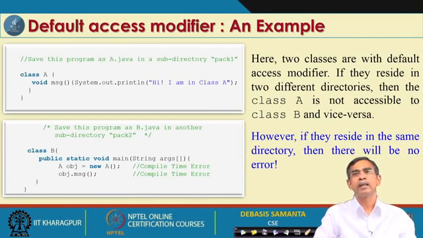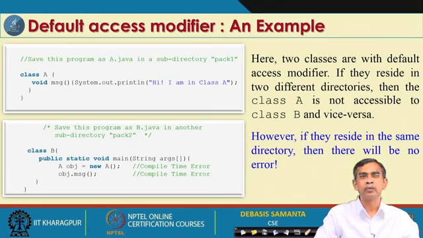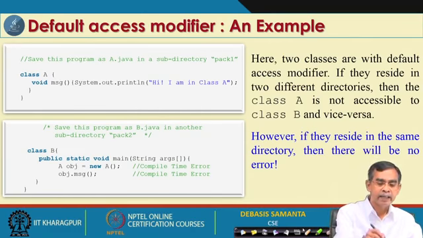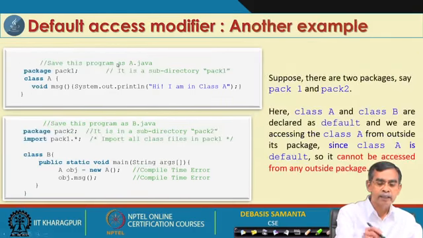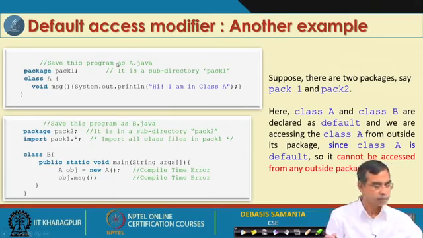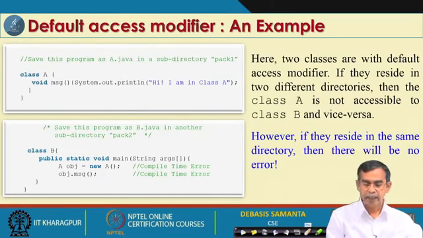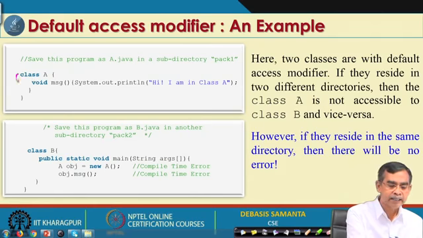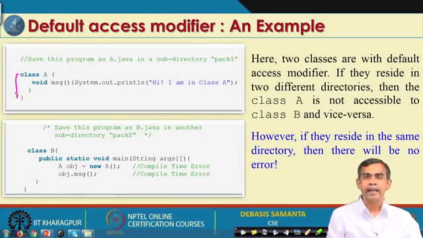Let us have a quick look at the two class files that we have discussed here. In one class file we declare one class, called class A, and it is stored in a file, let the name of the file be a.java.